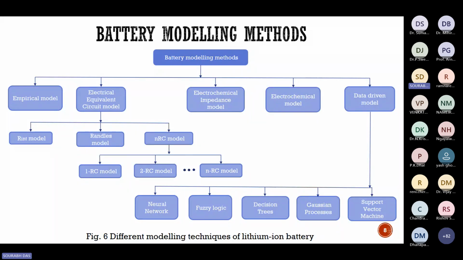Then the support vector machine is also good for classification problems, like distinguishing between healthy and faulty battery states, and it can capture the uncertainty in the battery. These models can be useful in a real-time battery management system due to their predictive power and adaptability to new data.